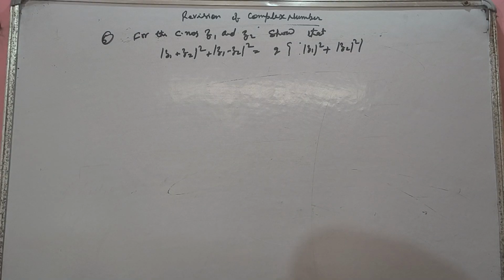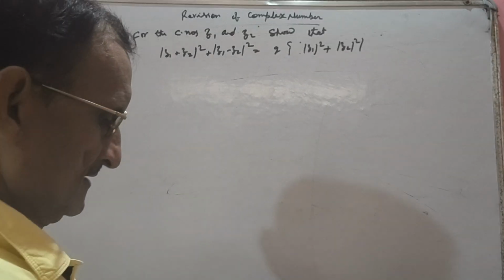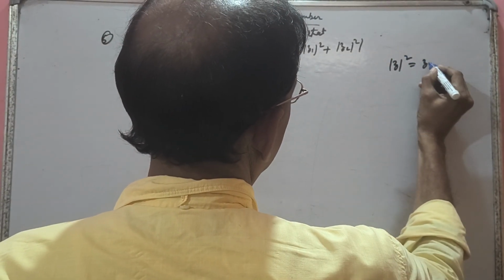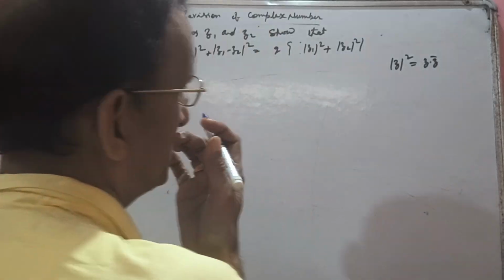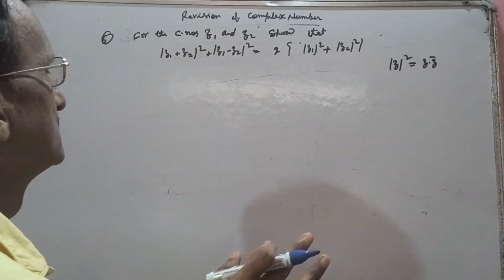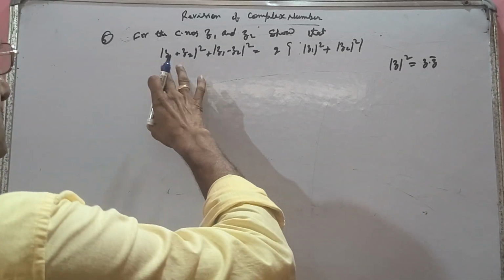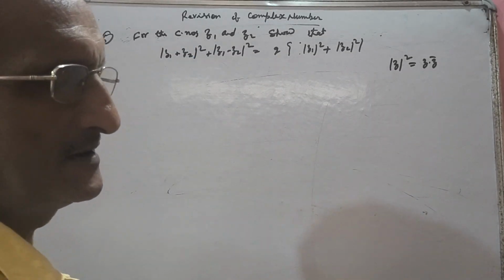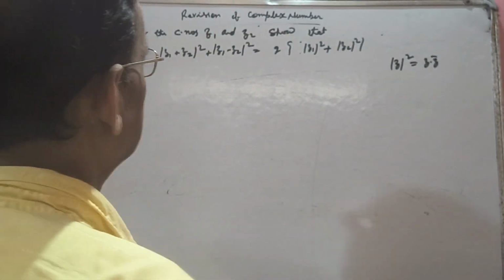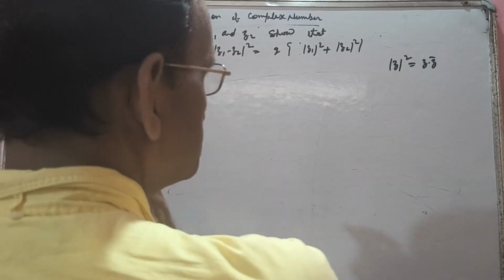Very important property, you know. What is the important property? Modulus Z square is equal to Z into Z bar. You must practice to use all these properties. So this time we are not taking Z1 and Z2 as two different complex numbers, a plus ib and c plus id. So enjoy this method, very important method.